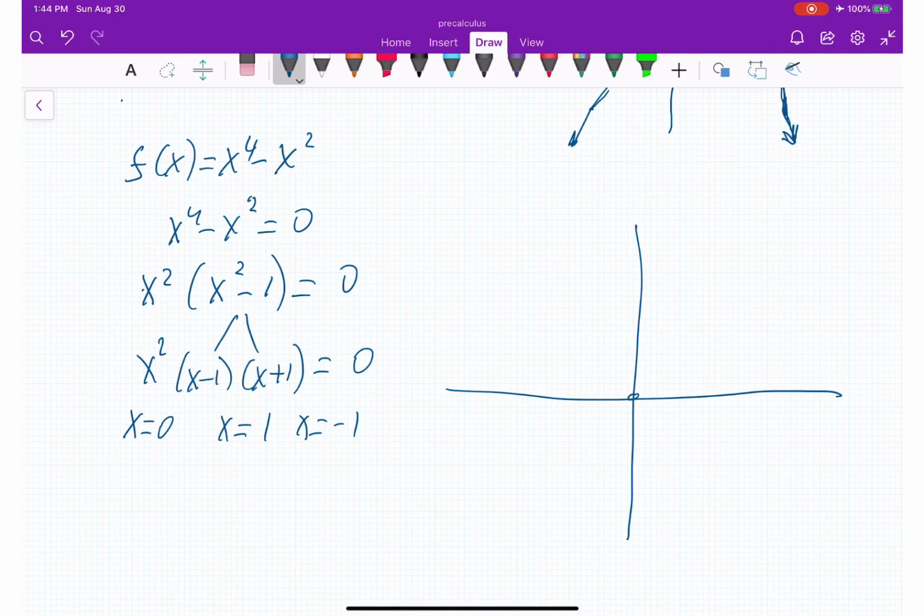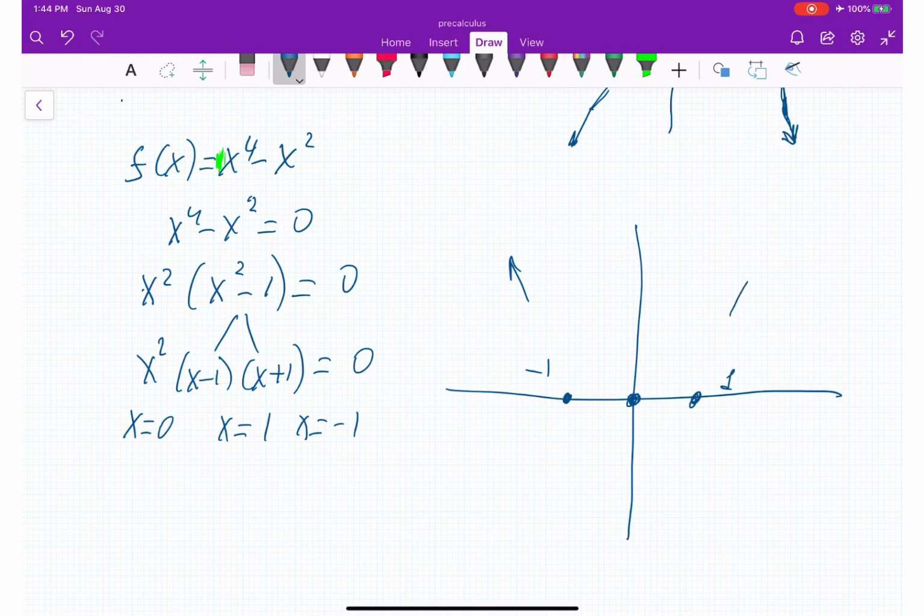So x is equal 0 right here, positive 1, and here we have negative 1. The highest degree is 4, and the leading coefficient is positive. It's right here, leading coefficient positive 1. Therefore, the end behavior is going to go up, right?